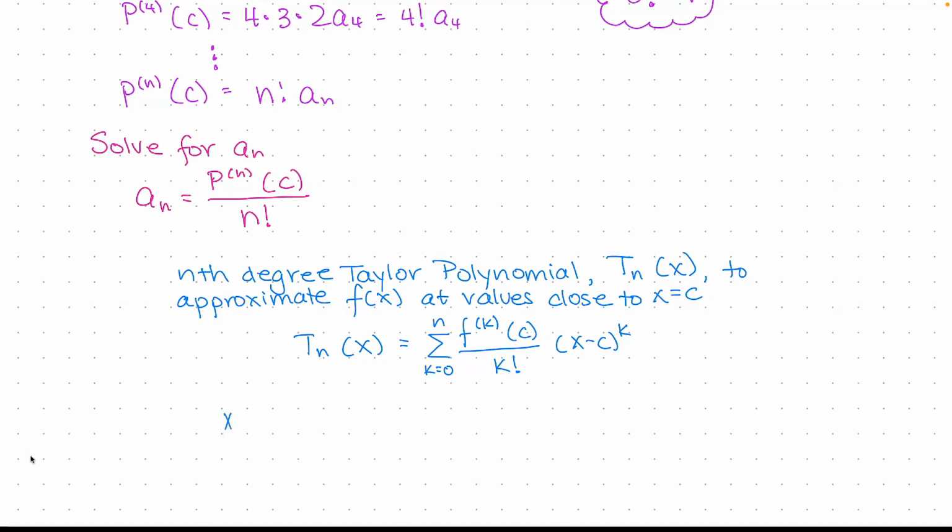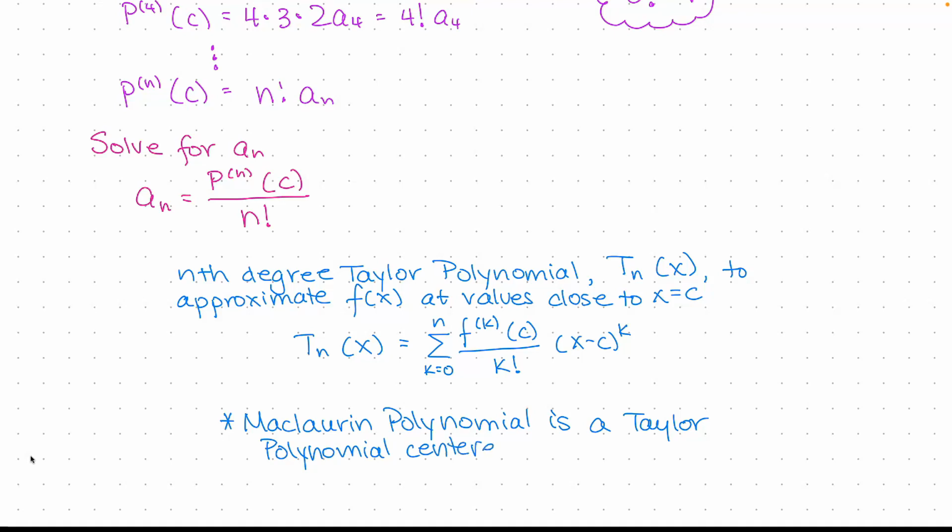And just a little note, a Maclaurin polynomial is a Taylor polynomial centered at x equals 0.